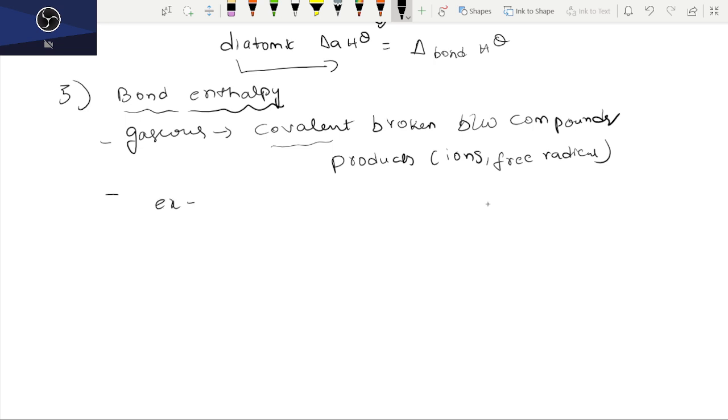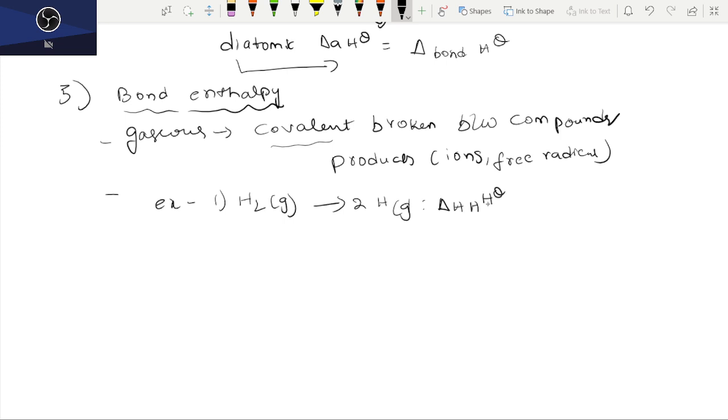Example for bond enthalpy. First one, H2 is there in the gaseous state. We have to dissociate hydrogen and hydrogen, breaking the bond between them. Two hydrogen atoms we are going to obtain in the gaseous state. Here, delta H-H bond H naught.